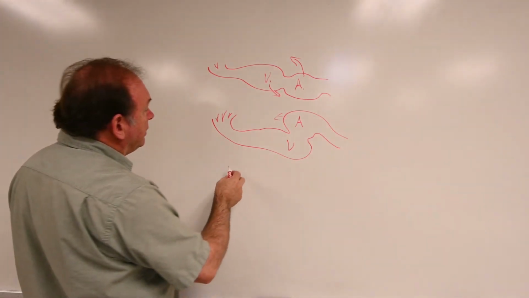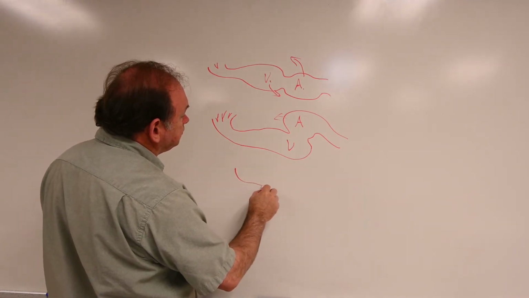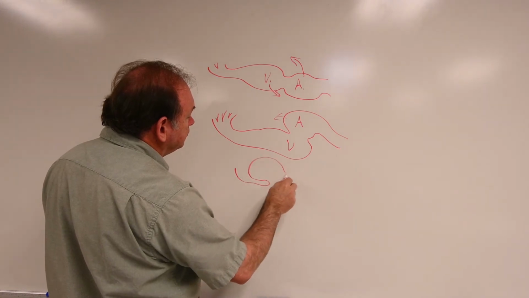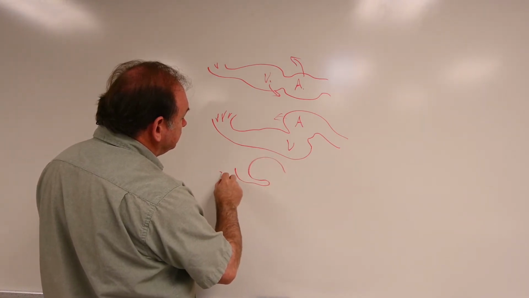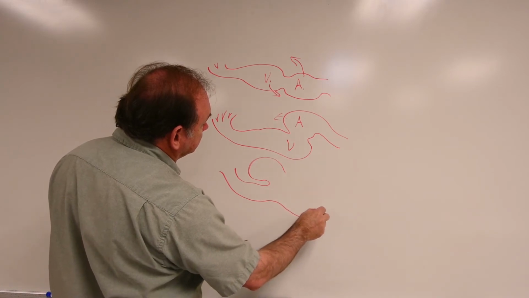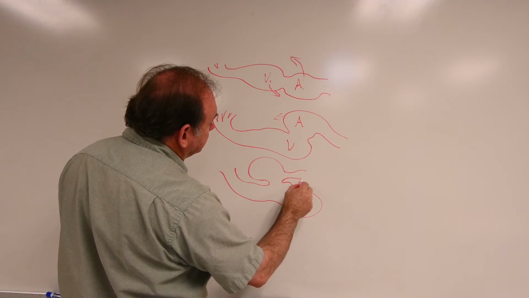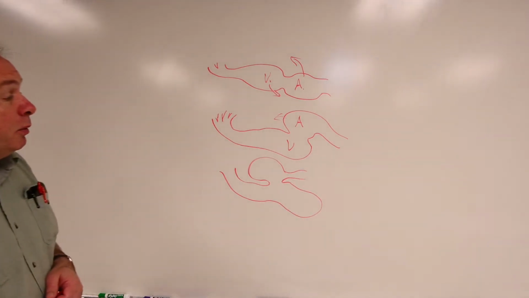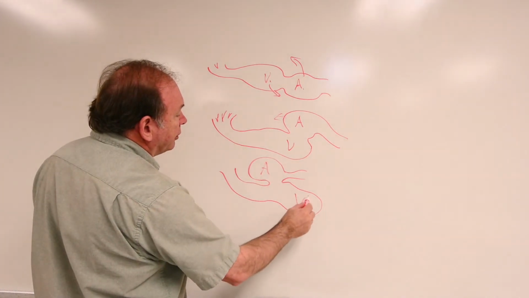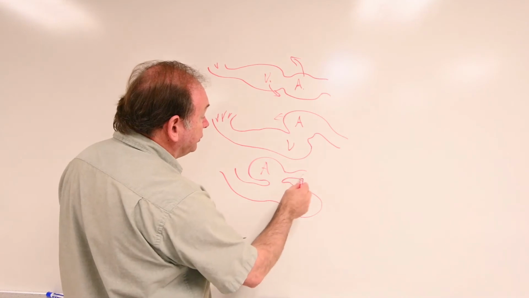And a little later on, things become even more exaggerated as the atrial chambers move up and the ventricle moves to the back, so your atria are now on top of your ventricles.